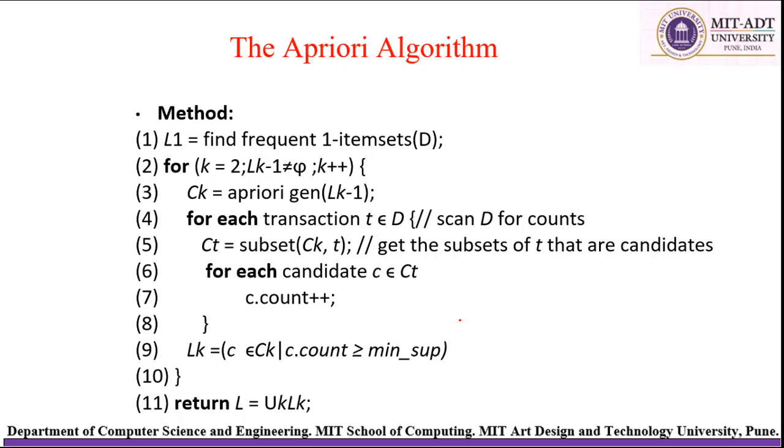So the same pseudocode is written here as an algorithm. First we will find the frequent 1-item sets, L1. Then consecutively you will find L2, L3 and so on, depending on the data.